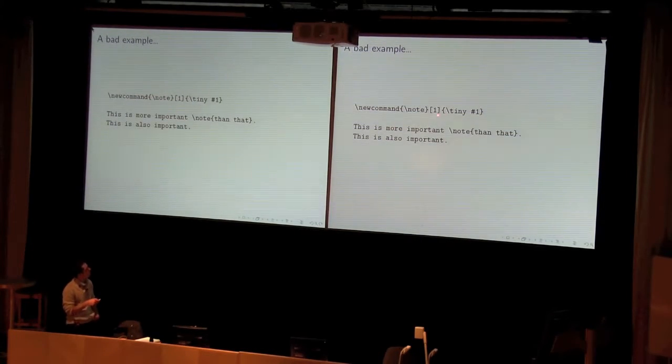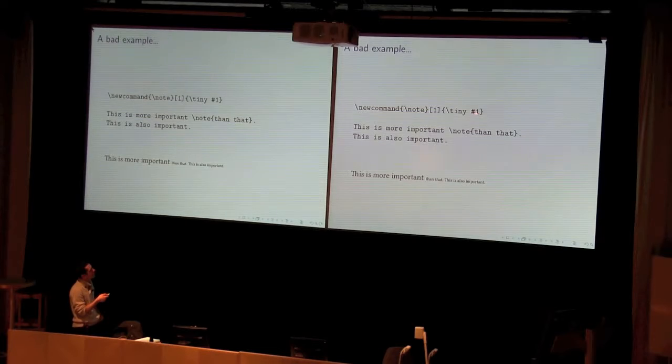Another example. Do you think this will work? Based on the title, no. This does not produce exactly what we wanted. So we use tiny, which is defined in the size text. I'll go a little quickly on it, but tiny switches on what happens next.